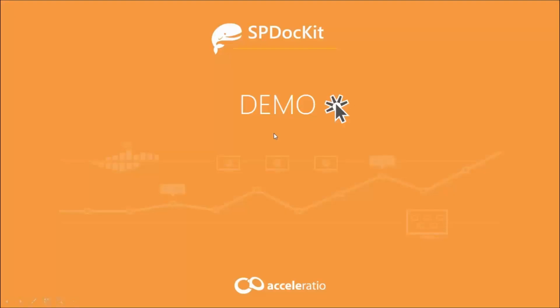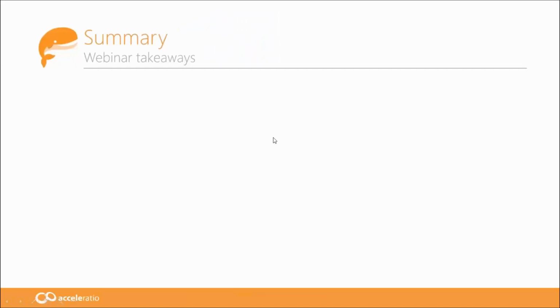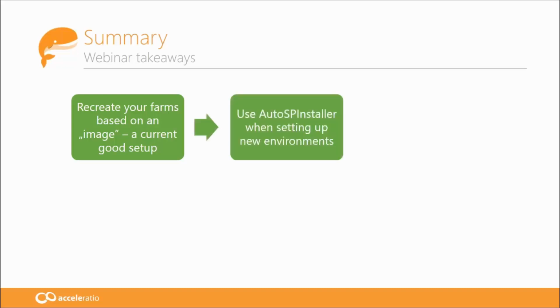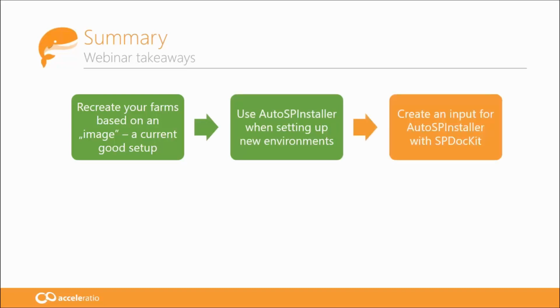So let's go back to the presentation. The good way, when you have existing SharePoint farms and want to configure a new system, is to use your existing farms with a good setup and then use AutoSPInstaller to create and set up new environments. SPDocKit can help by creating an input file for AutoSPInstaller.